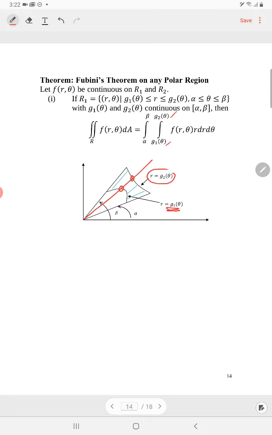And for theta, same thing as before, draw a curve across your region from the x-axis in the anti-clockwise direction. The one it crosses first is the lower limit, and the one it crosses last is the upper limit for theta. But the order here should be r first and then theta.